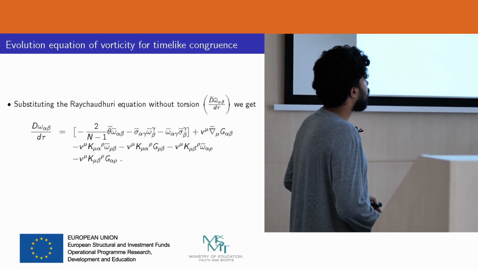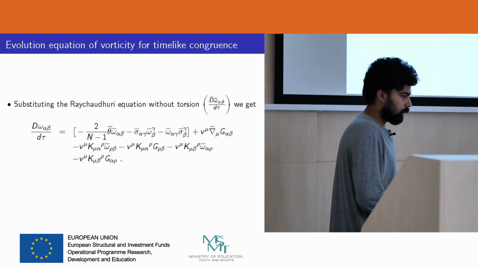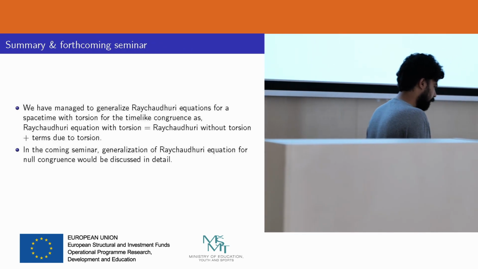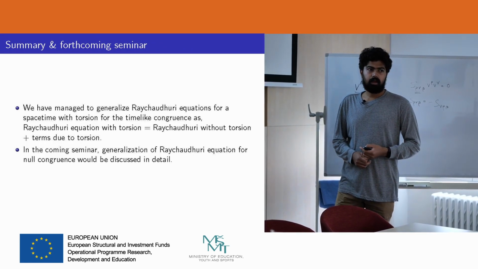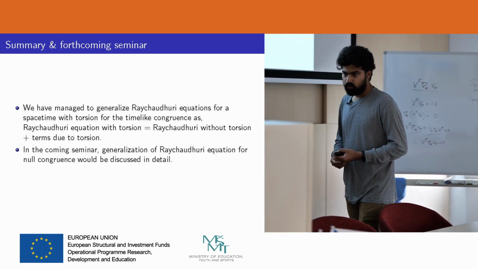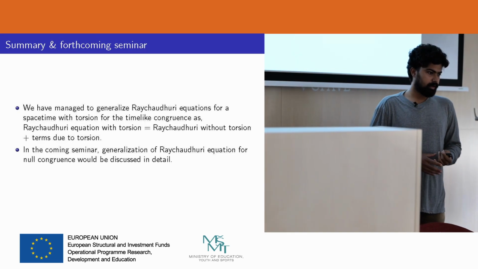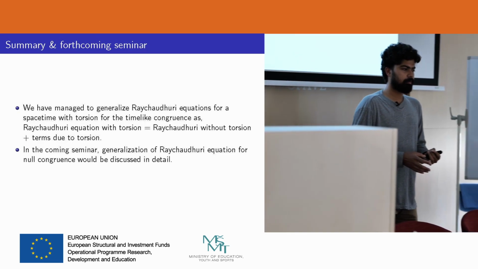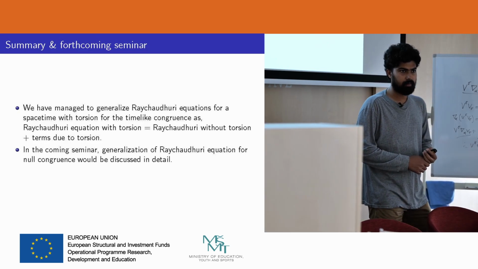So in the next seminar we will see in detail how these equations can be generalized for a null congruence, and this null congruence is a bit more interesting in the sense that it is the basis for the Penrose singularity theorem.